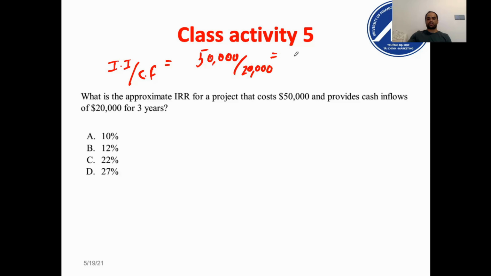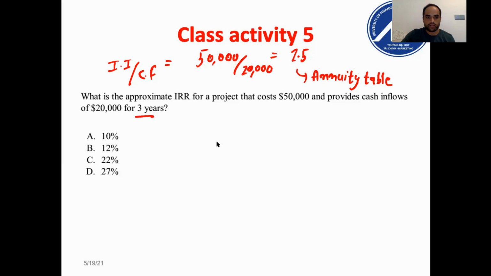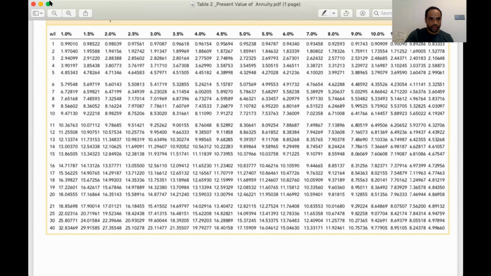If you solve it, you will have 2.5, right? Now with this 2.5, obviously you will go to the annuity table, only the 3 years row. So let me show you the table. So here is your table.